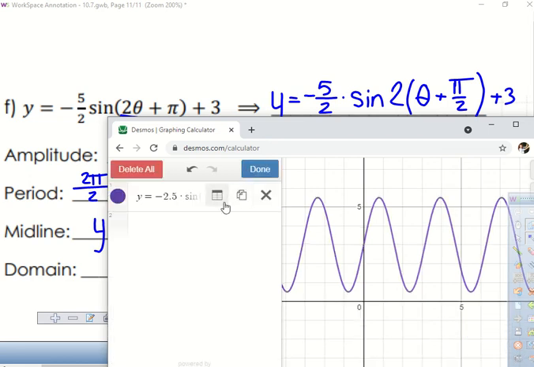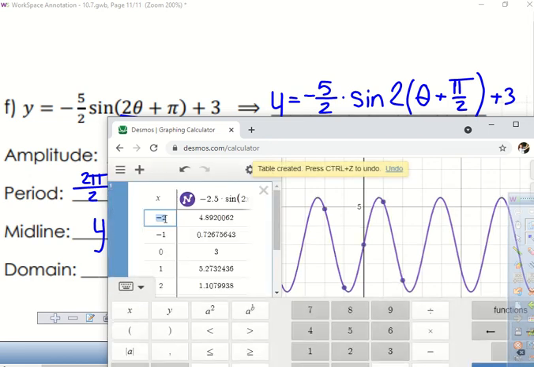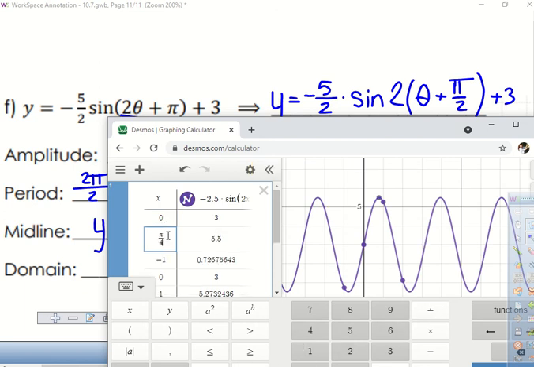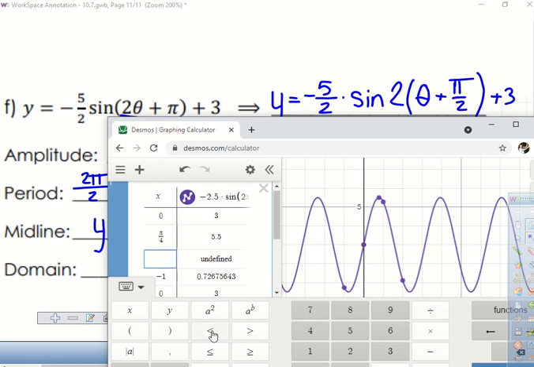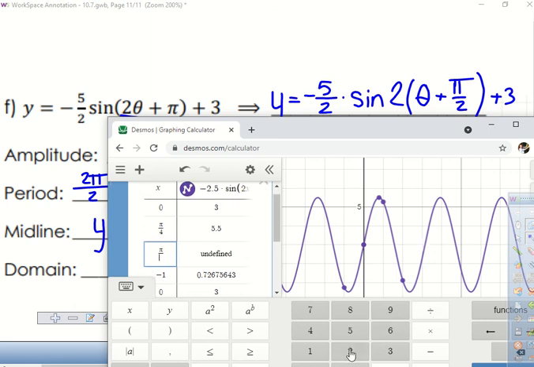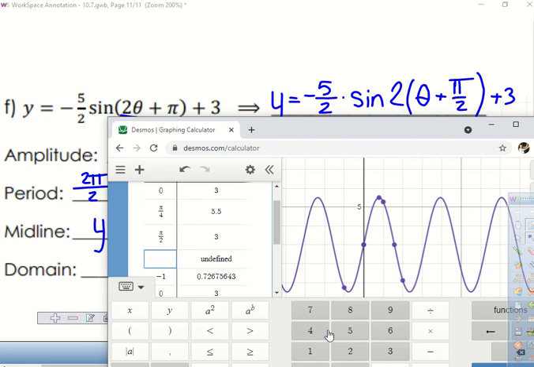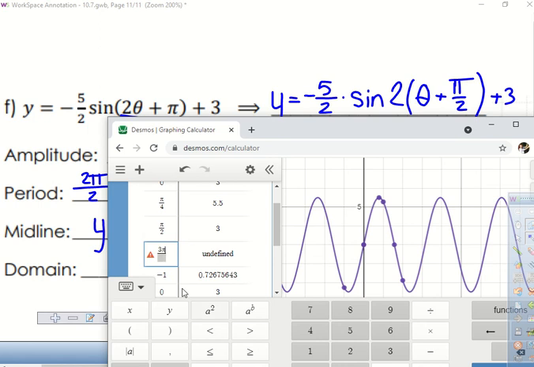So now we're going to hit settings, table. I'm going to type in my usual values. 0, pi divided by 4, pi divided by 2. And like I said, if you miss any of these, it's not the end of the world because you can always see it on the graph and figure it out later.